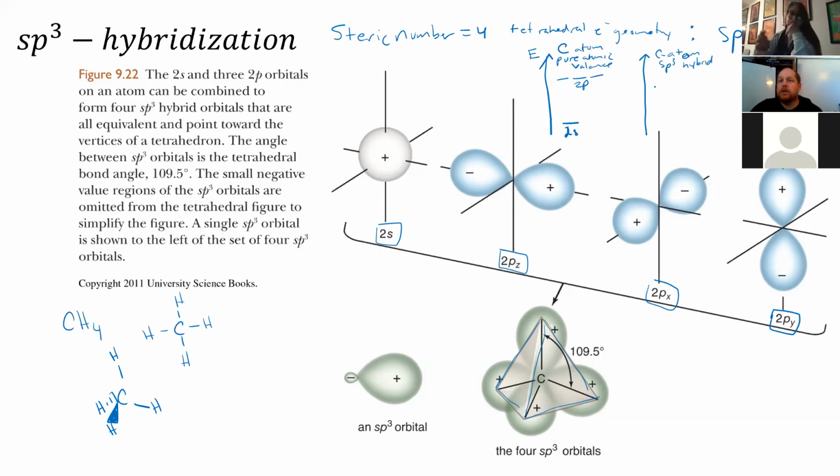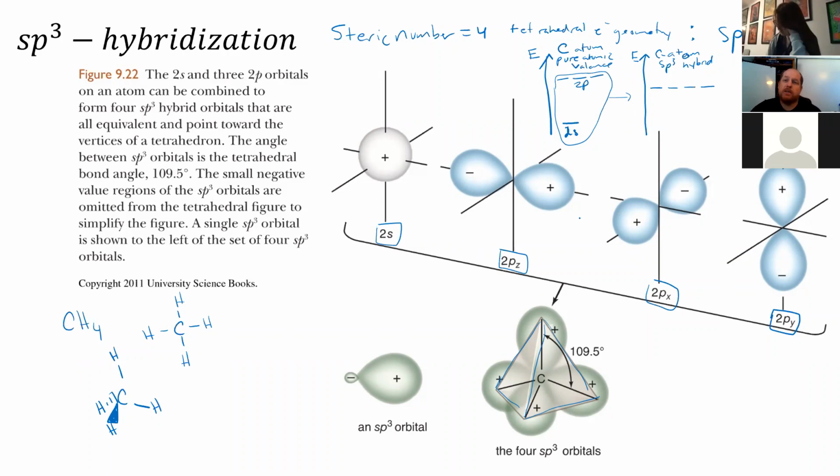And if you look at the orbital energies of those, if you're taking all 4 of these orbitals over here and combining them to make sp3 hybrids, the overall energies of the resulting hybrid orbitals, because we're talking about energy axes here, they're all going to be the same energy.